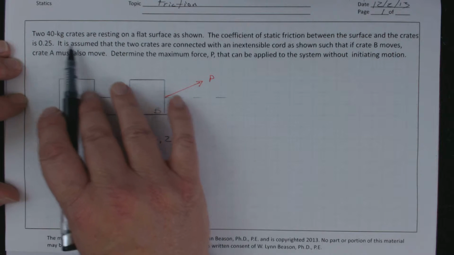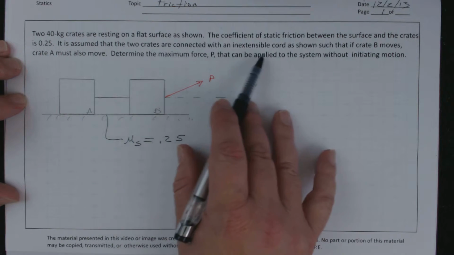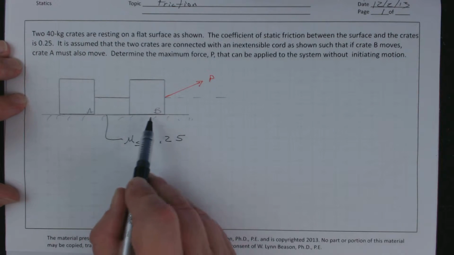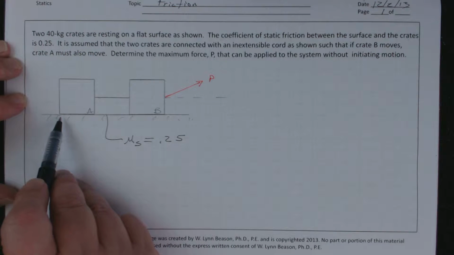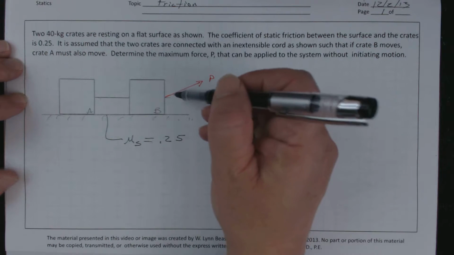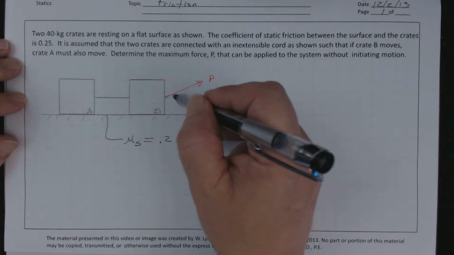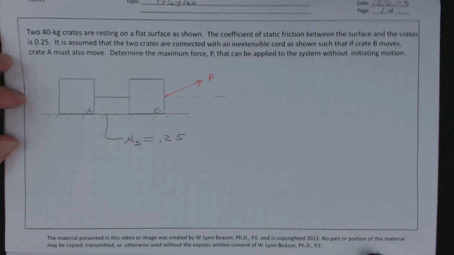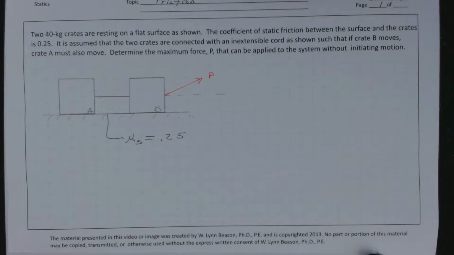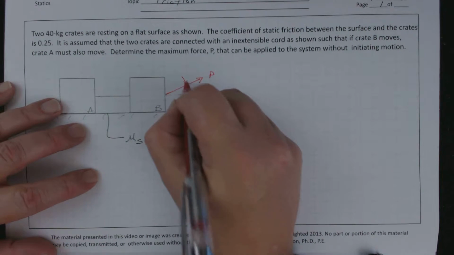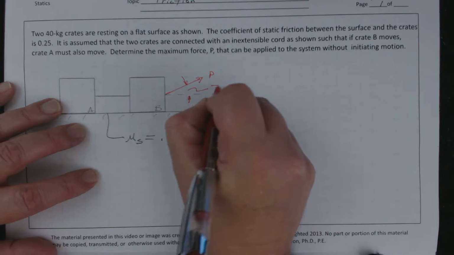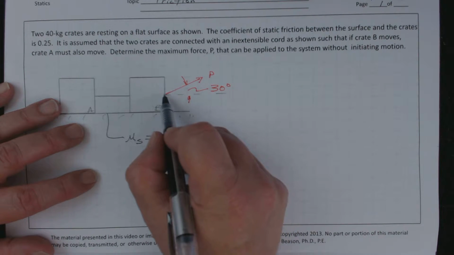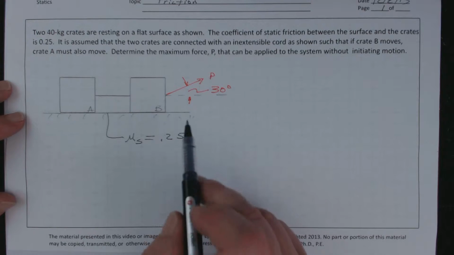And then it says it is assumed that the two crates are connected with an inextensible cord as shown, such that if crate B moves, crate A must also move. So what we're saying here is there is a force applied to the crate, and I believe we need to give ourselves an angle in there, and we're going to say that that's 30 degrees to the horizontal, so there's going to be a force applied here.